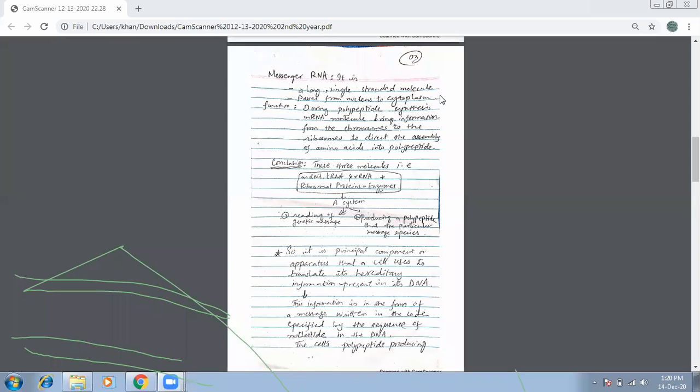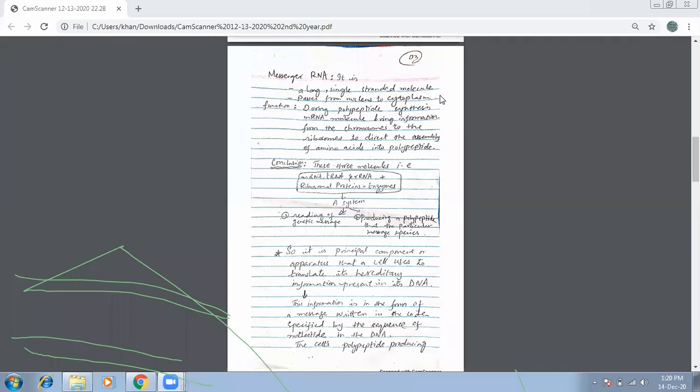The ribosomal proteins and the enzymes present in the ribosomes make up a system. This system does two things. One is reading the genetic message, and the other is producing the polypeptide chain that a particular message specifies.